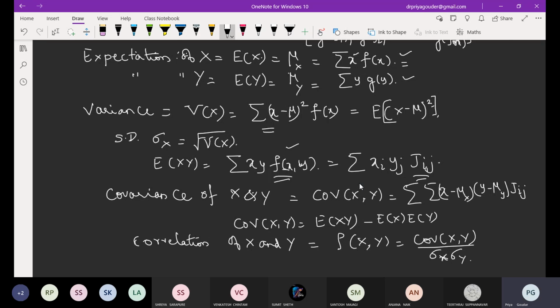If you take a screenshot of this, it is very helpful. They will give some joint probability table and ask you to find expectation, variance, covariance and correlation. Whatever they ask, you need to remember the definition so that you can easily calculate it.